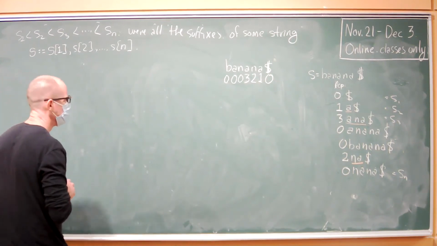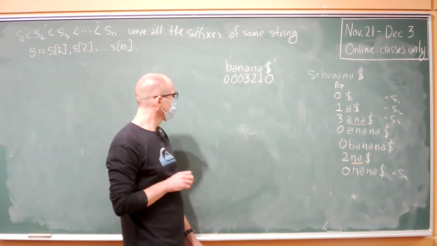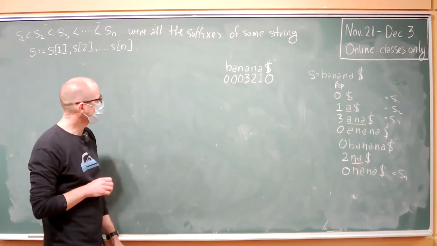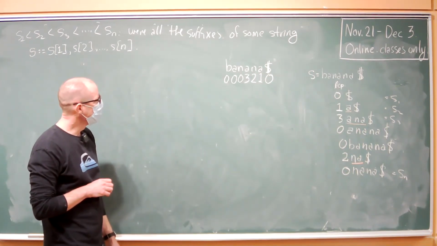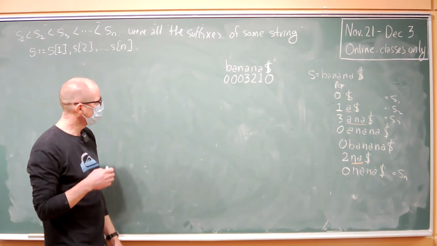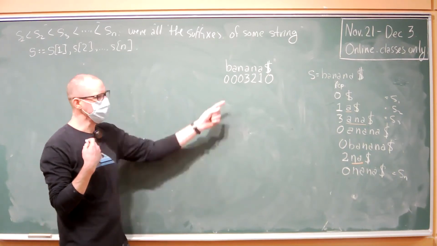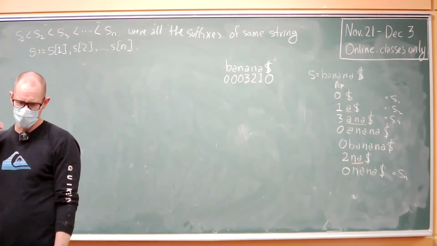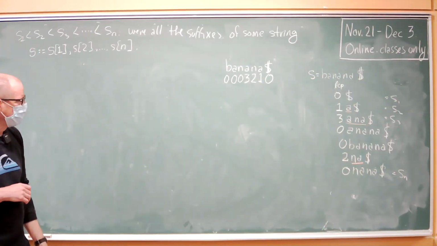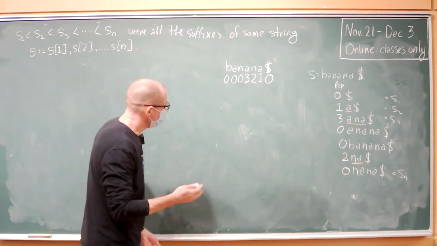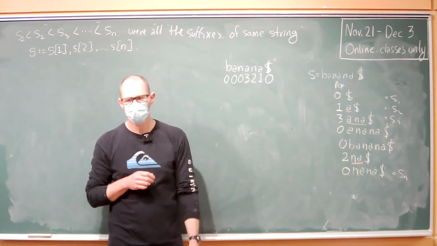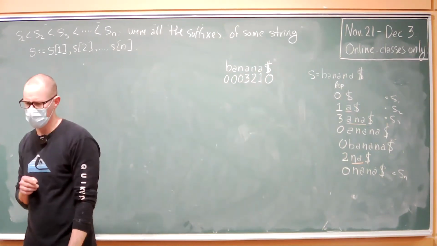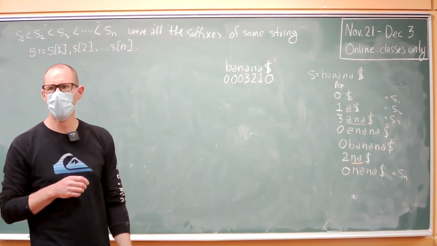And so one sort of weak property that I can say is, if I look at any number that's not 0, then the number that comes after it is 1 less in this example. Is it always going to be 1 less?